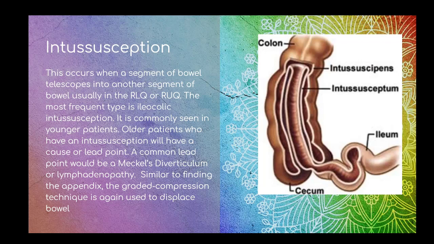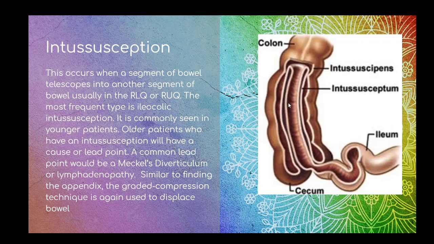Kind of like appendicitis though, they're not really sure why it happens, but what they think with intussusception is that there is some kind of catch point. And they think catch points are usually some sort of lymph node within the abdomen. So that lymph node kind of hangs up the intestines a little bit, and because of that it affects how they peristalse, and at some point it just kind of gets caught up and then sucked into the rest of the bowel.